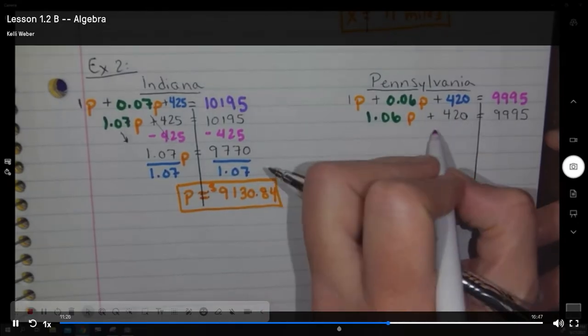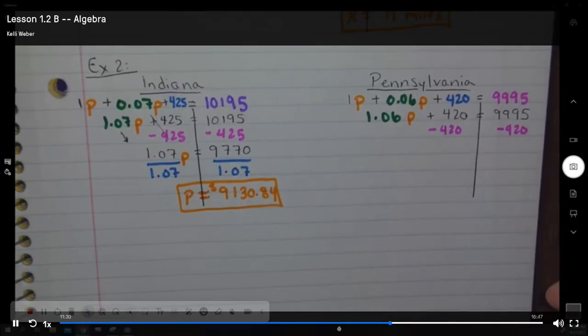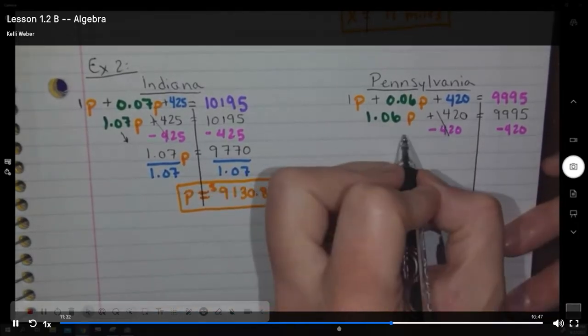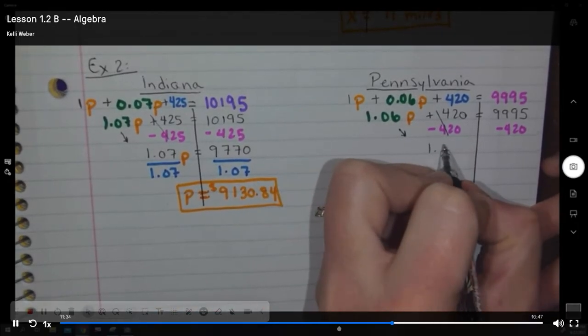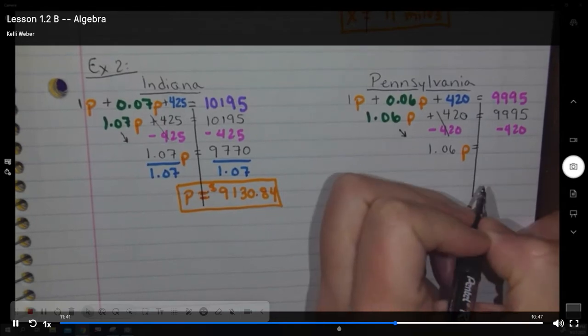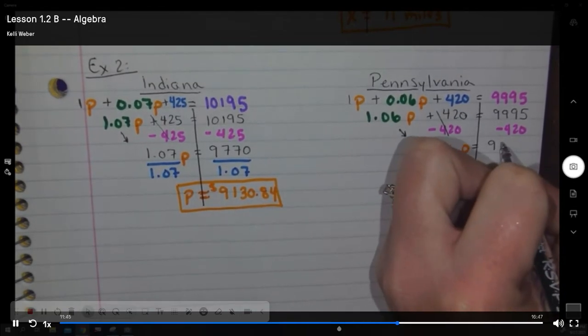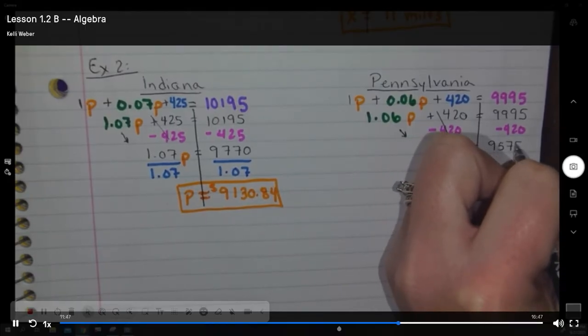We're going to subtract $420. So that's going to make 0. Bring down 1.06p. 9,995 minus 420 is 9,575.